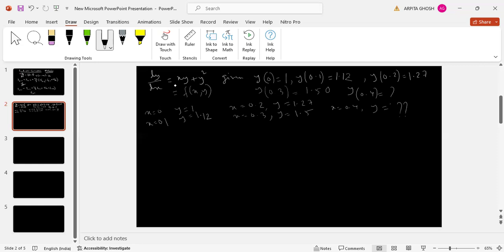What we will do, we will predict a result for y. After that, we'll verify whether it's correct or not using Milne's method. The set of formulas we use are called predictor corrector formulas.